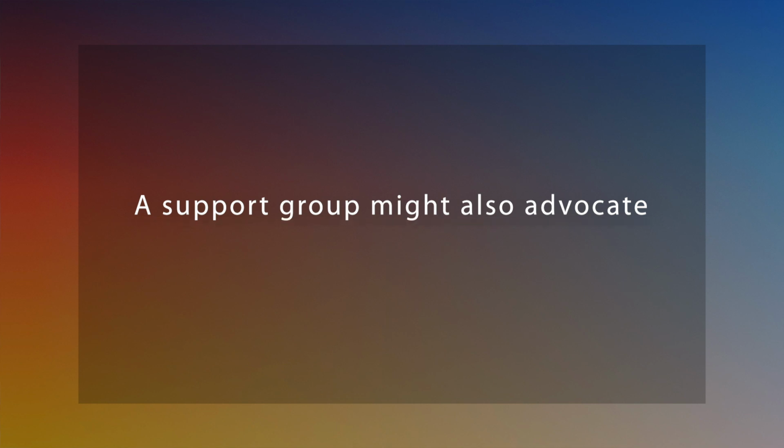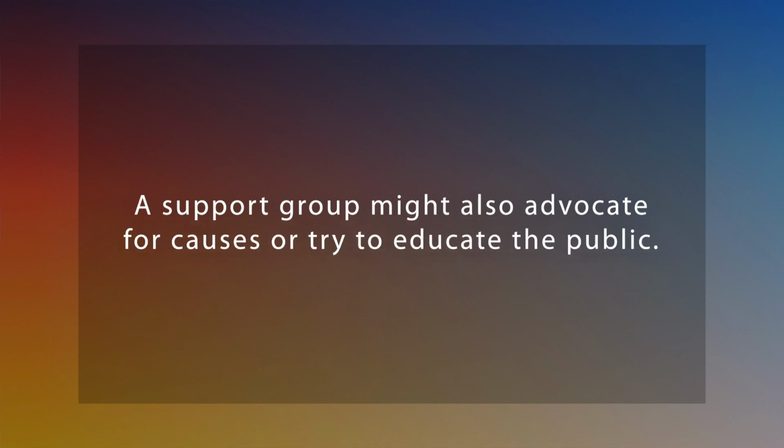The assistance could come in the form of offering and assessing pertinent information, sharing personal experiences, hearing about and accepting the experiences of others, demonstrating sympathetic understanding, and creating social networks. A support group might also advocate for causes or try to educate the public.